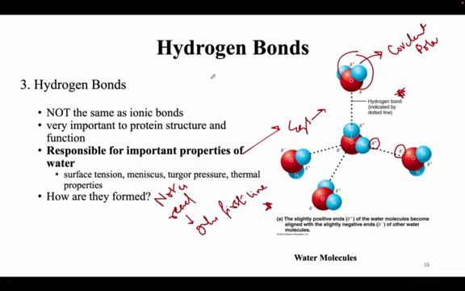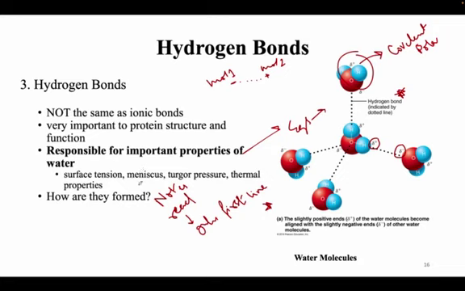So two molecules, molecule 1, molecule 2, here it will use its negative ion and here it will use its positive ion to form the bond. Okay, so that is a weak hydrogen bond. This is pretty important when it comes to water surface tension, turgor pressure, and thermal properties, and we will talk about that later in the chapter.